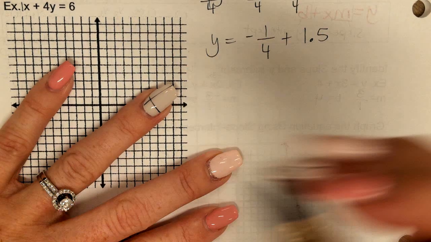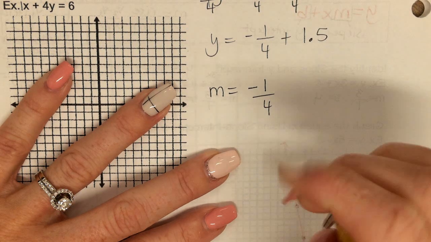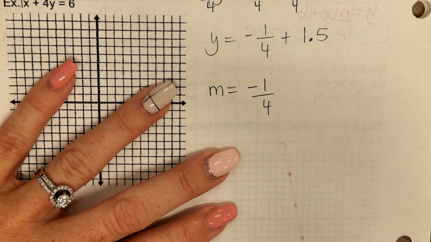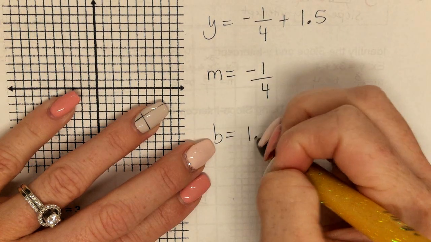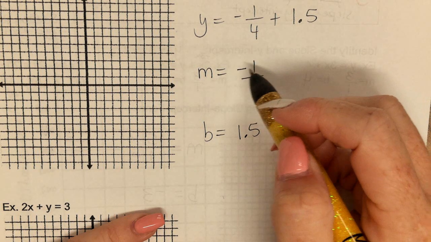So my m, my slope, is -1/4. Now you have to assign that negative to either the 1 or the 4. And we can do it either way, and I will show you both. My y-intercept is 1.5. So far, I have assigned the negative to the 1.